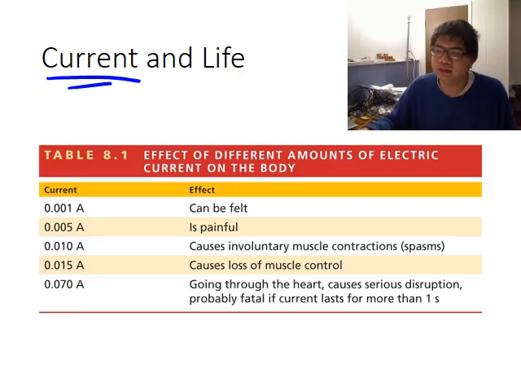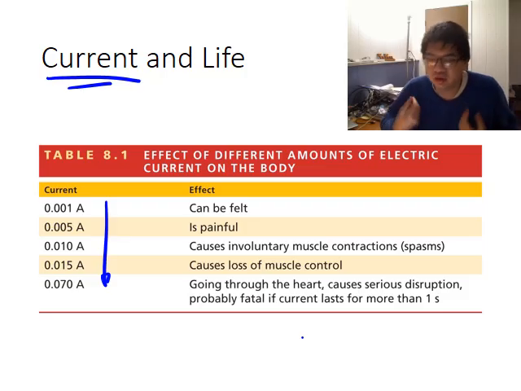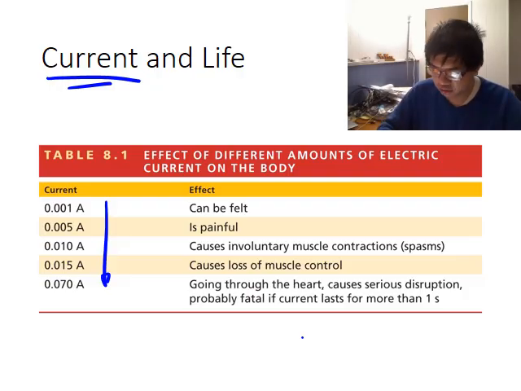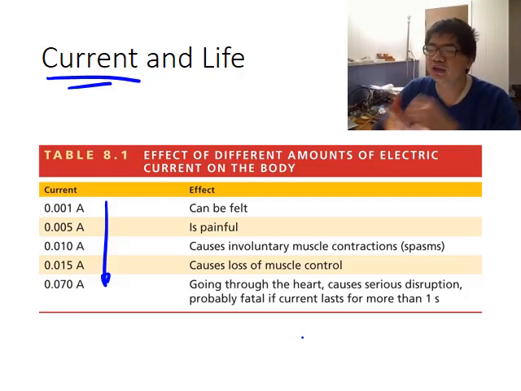High voltage doesn't mean much if you have a very low current. As the current going through you increases, it becomes more and more dangerous to you, and at 0.07 amperes, it's probably how you would get electrocuted to death.